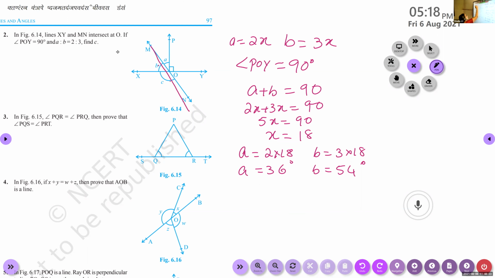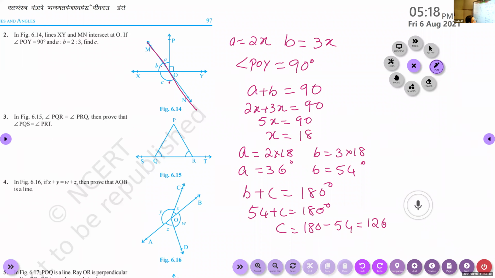It's a line. MN is a line. So B plus C is 180 degrees. B is 54 plus C is 180 degrees. C is 180 minus 54, 126 degrees. C is 126 degrees.